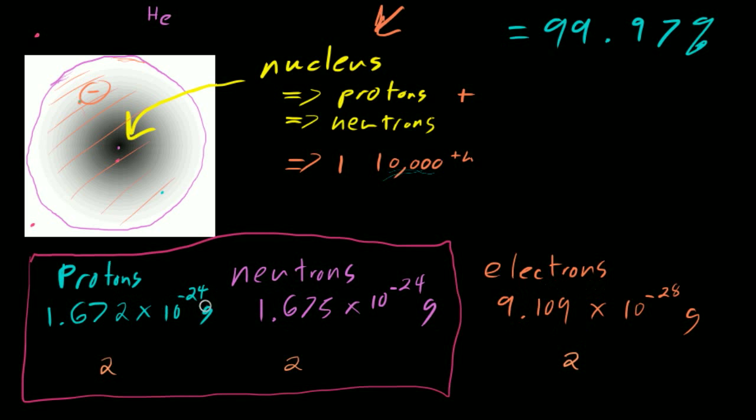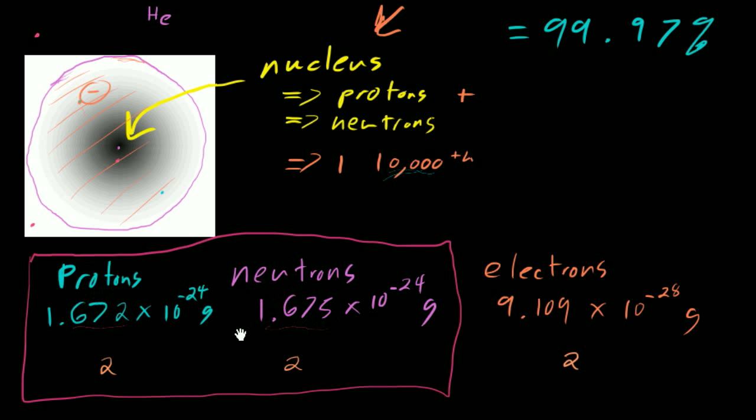Another point is that the protons and neutrons have a very similar mass: 1.672 versus 1.675. So when we keep track of the mass of an atom, we consider the mass of the proton and the mass of the neutron essentially equal.